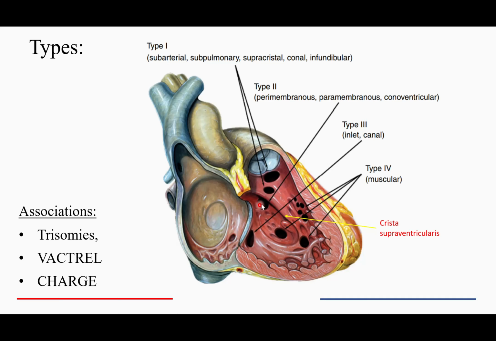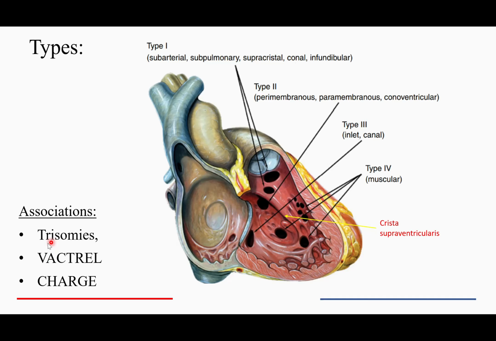We find it in Fallot cases. So these are the types of the VSD. Type 1 is the subpulmonic, type 2 is the perimembranous, type 3 is the inlet, and type 4 is the muscular. This is the nomenclature that I will use and that I use in practice.